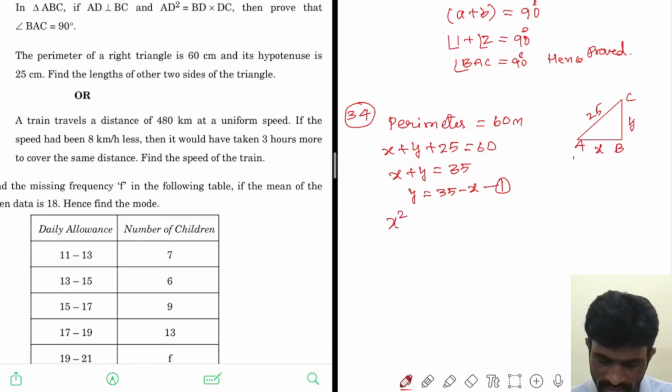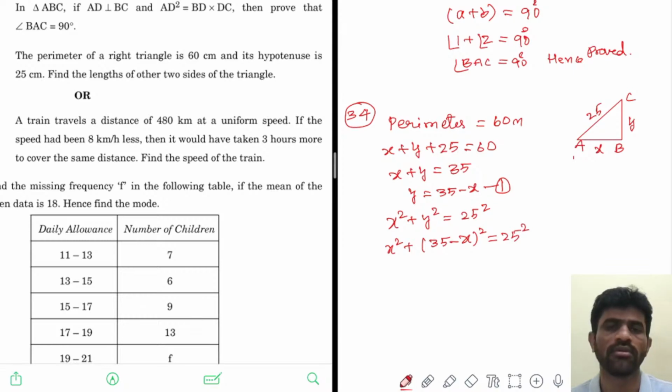X square plus Y square is equal to hypotenuse square, that is 25 square. We already know Y is 35 minus X. So we can write X square plus (35 minus X) whole square is equal to 25 square.